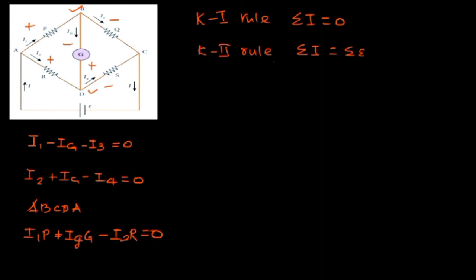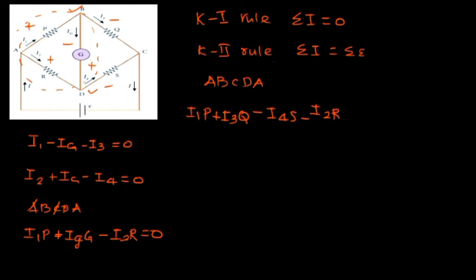Then we go for the another loop. This is ABDA, for this first portion we say ABDA. Then when you go to the whole loop ABCDA, what will happen? I1P plus I3Q minus I4S minus I2R should be equal to 0.